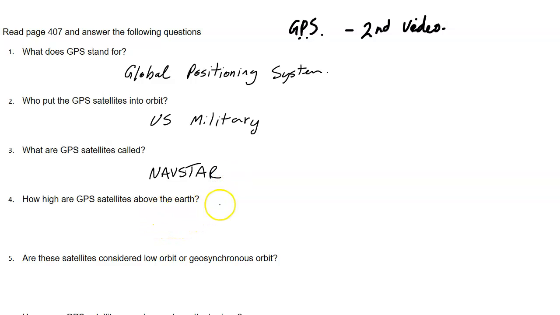Now, these are kind of like medium Earth orbit satellites, because those satellites sit around 20,000 kilometers. So they're definitely not geosynchronous, but they're not really low orbit. So we'll call them a medium orbit.